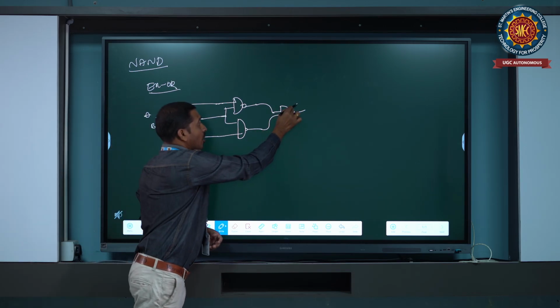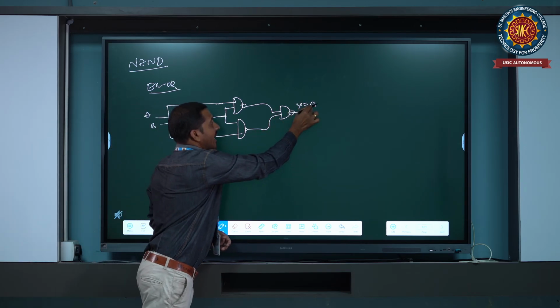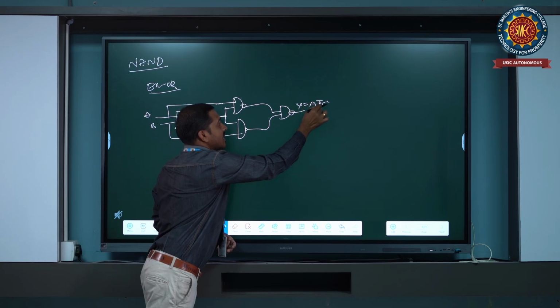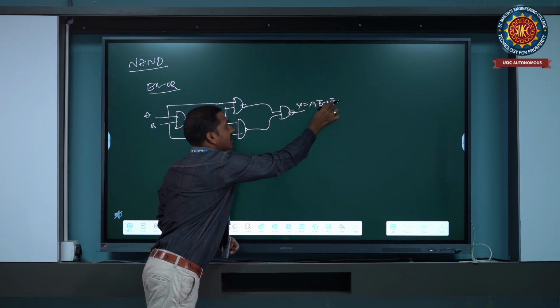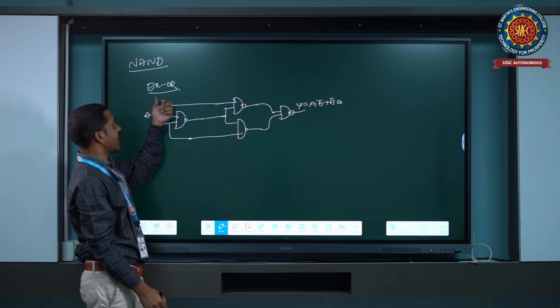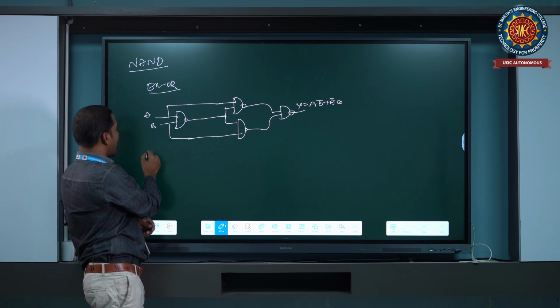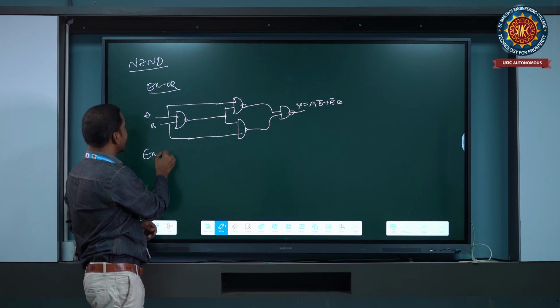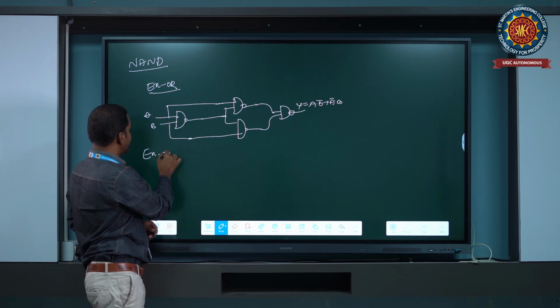So output Y equals A dot B bar plus A bar dot B. Using 4 NAND gates, it will realize the XOR gate.